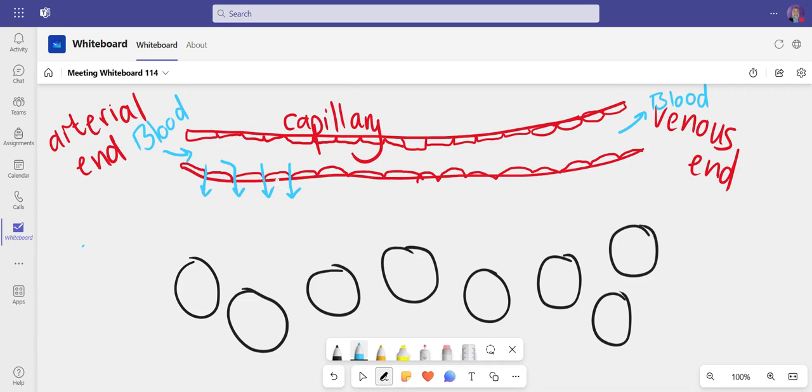So it's not just oxygen and carbon dioxide that's coming across, it's actually the plasma, the liquid part of the blood, that diffuses out. And as soon as it's out of the capillary, it's not called plasma anymore, it's now called tissue fluid. So the plasma becomes tissue fluid.